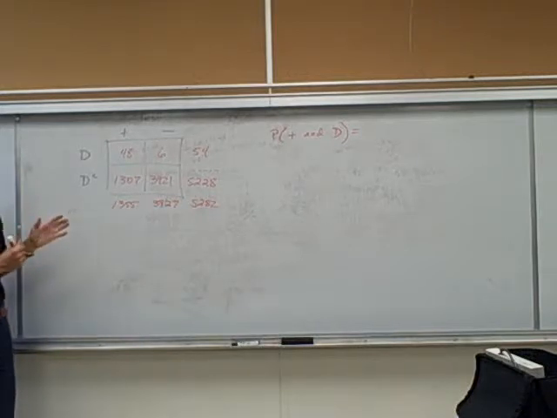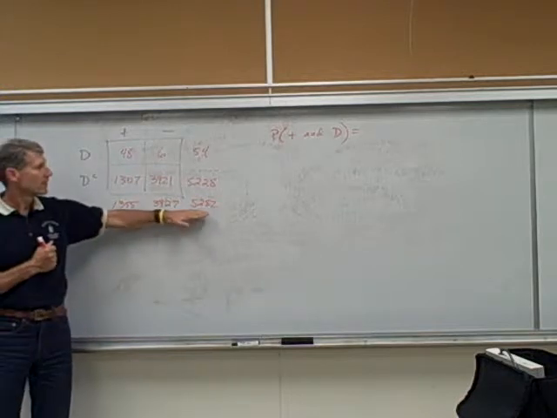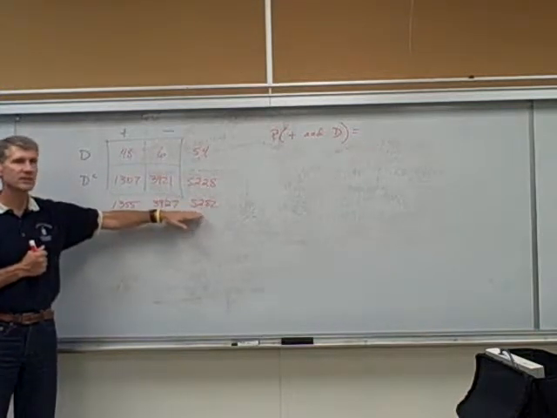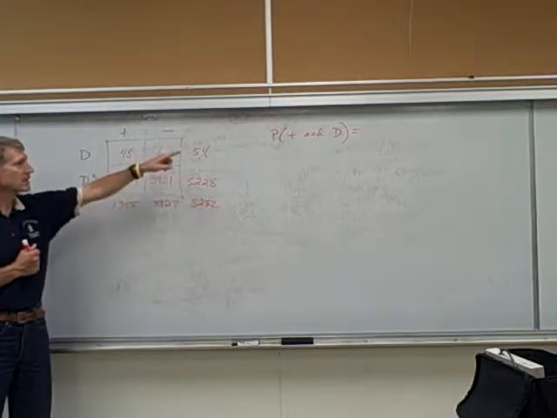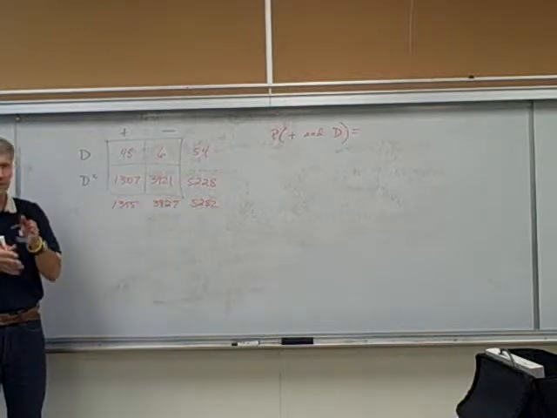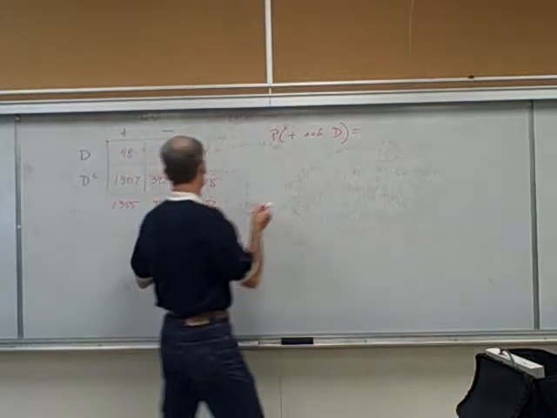You just pick it off of there. How many people satisfied both of those conditions? 48 out of the whole grand total. You don't use any other denominator unless you're doing a conditional probability. If it's an unconditional probability with no vertical bar, no given, then you're going to use the grand total. So the grand total is 5282.